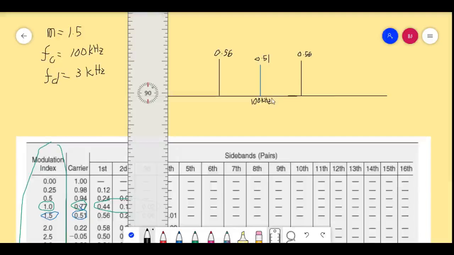So how about the frequency? The frequency here would just be 100 kilohertz plus and minus 3 kilohertz. So that would be 103 here, which is 100 plus 3. It's plus because it's in the upper sidebands. And then the one lower would be 97, which is 100 minus 3.